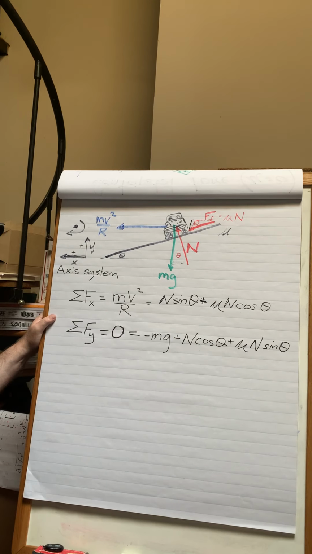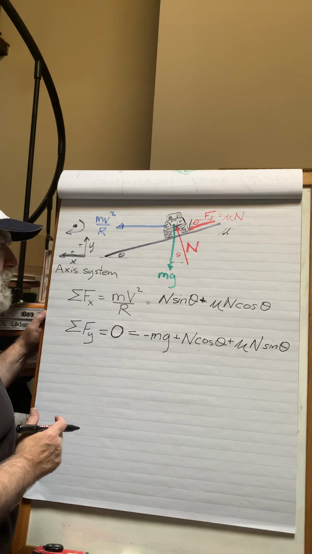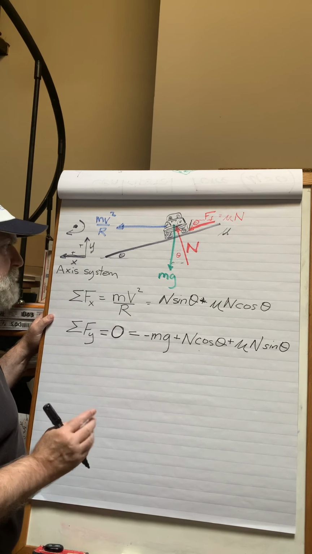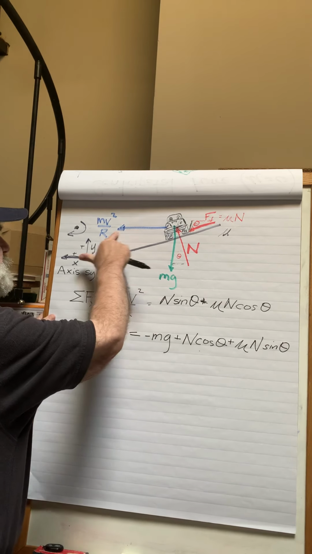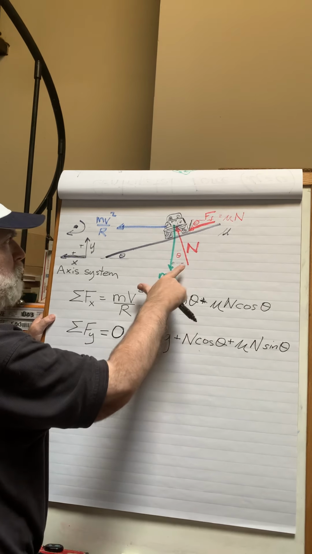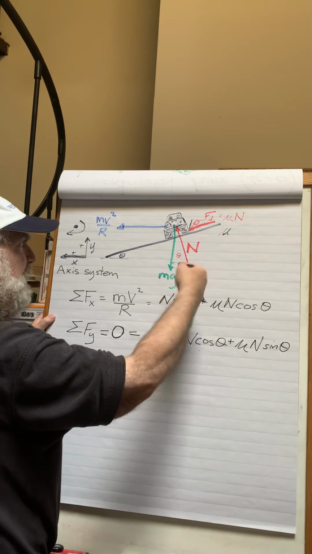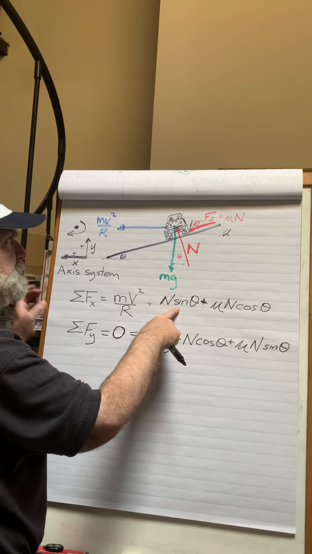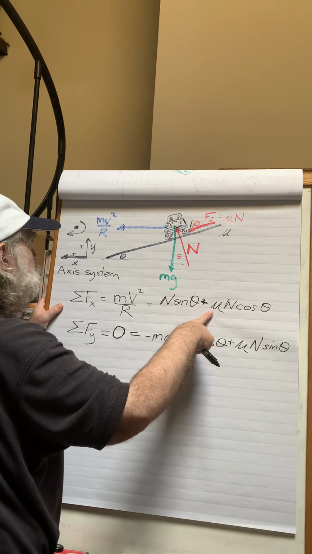So we've got quite a bunch of stuff to solve here, and I want to make sure I haven't made a sign error anywhere. So my mv squared over r is positive. My normal force in the x direction will act this way, which is positive, and my friction force will act this way, which is positive. All good there.